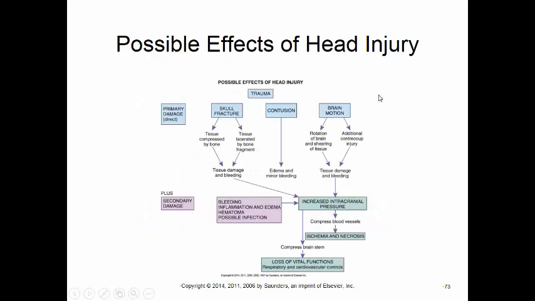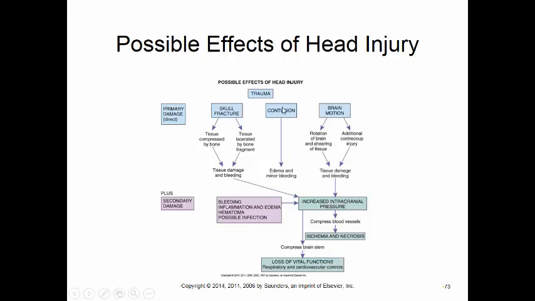So we can see the possible effects of a head injury. The primary damage is going to be that skull fracture. It can press down, and it can lacerate the brain tissue underneath. This leads to tissue damage and bleeding. As a result, intracranial pressure increases, ischemia, necrosis, and loss of vital functions.